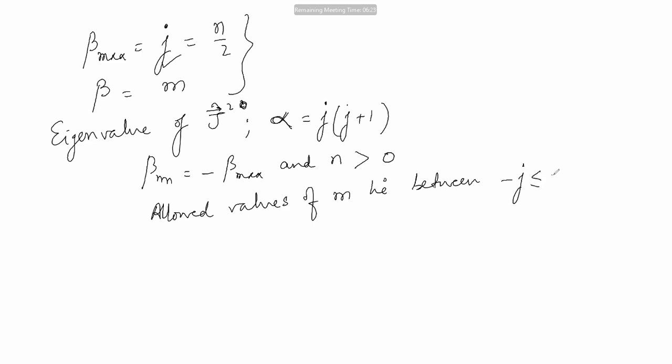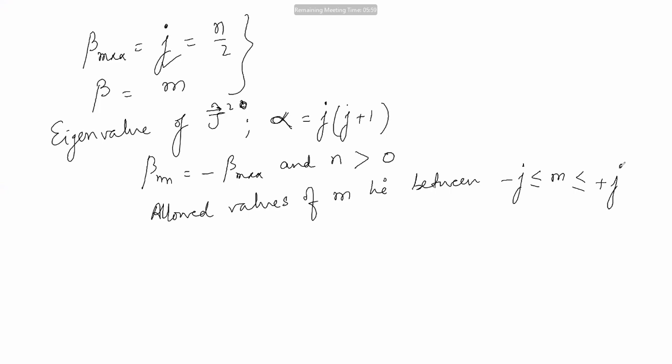This implies that my m is moving from minus j to plus j, while alpha is j times j plus 1.